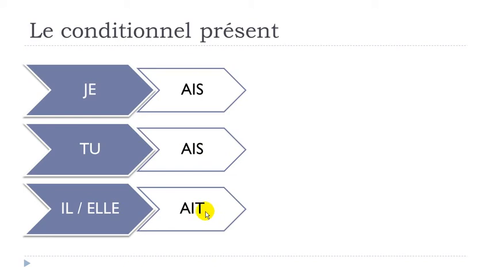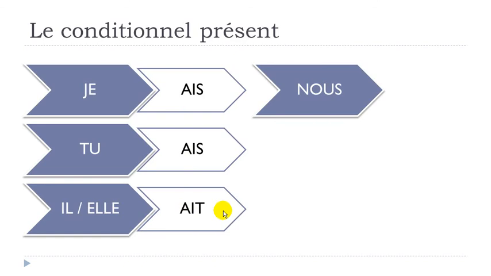The good news is that even if we write them differently, like you see here, we pronounce them the same way. And it goes like é, é, é. All right? So as usual in French, what you pronounce is not that difficult in a way, but then remember how to write them. AIS for je, AIS for tu, AIT for il, elle.